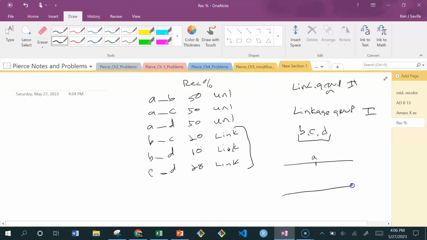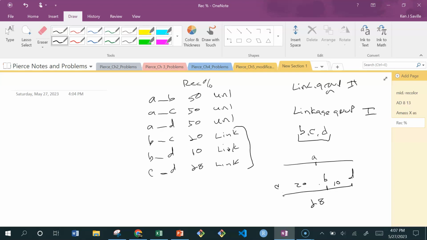It looks like C and D are the farthest apart, and that's 28. And then B is 20 from C and 10 from D, so B is over here. And so here's a good example where 28 and 30 don't add up exactly, but that's okay. It's close enough.